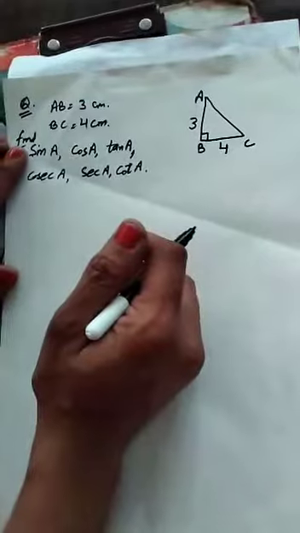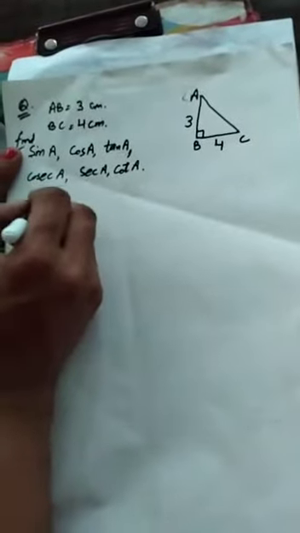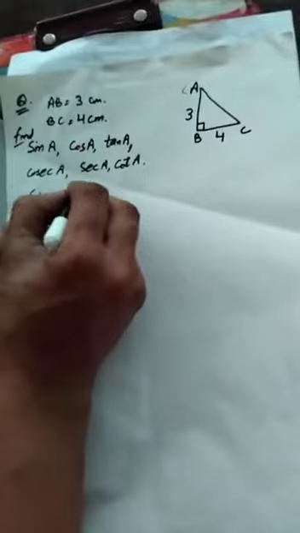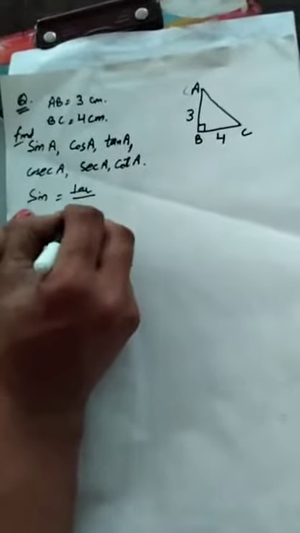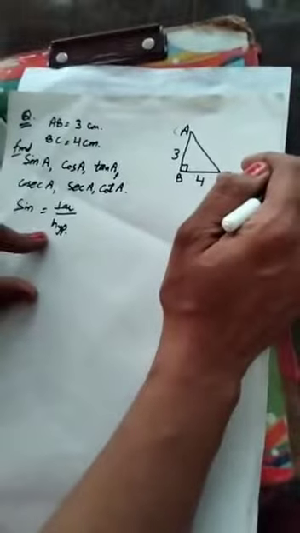If we talk about sine A, this angle, for sine angle we need perpendicular over hypotenuse. Now we have two sides, and this side we do not have. First we will find this third side.